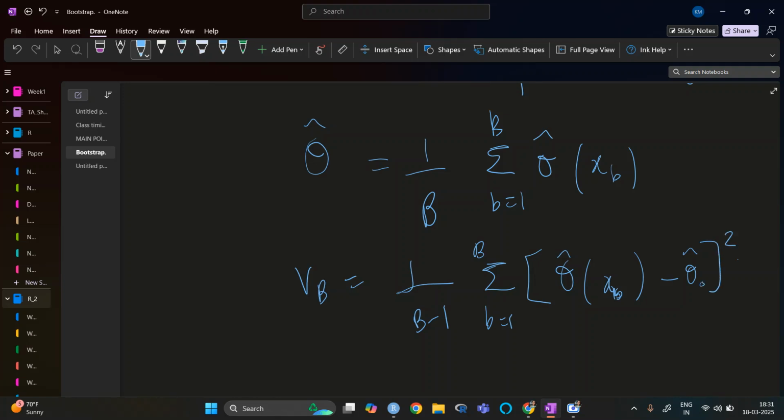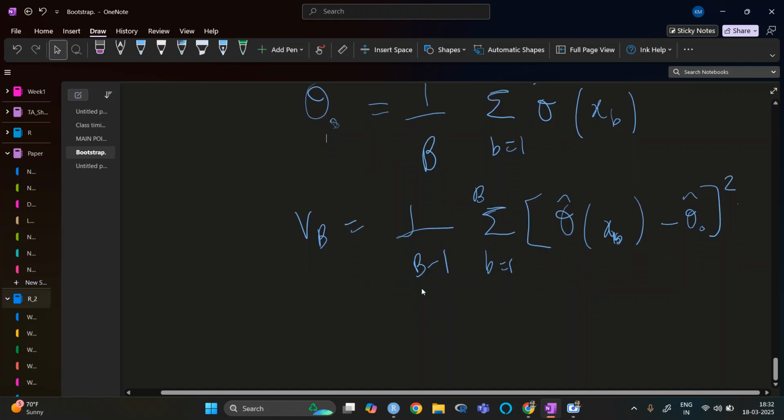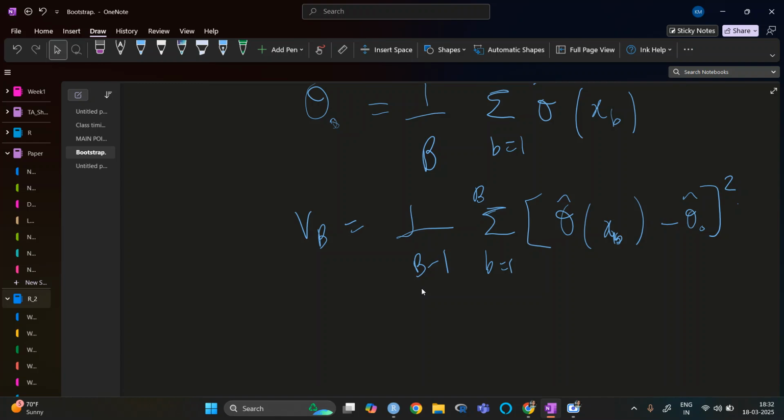We use this notation so that it matches the bootstrap. In R, it gives the real parameter with this theta cap, the original one. So this is why we are writing it this way.